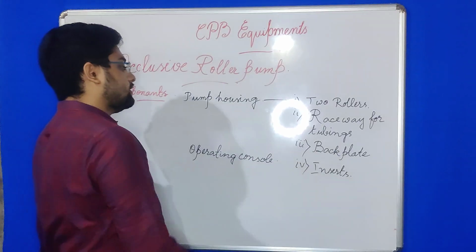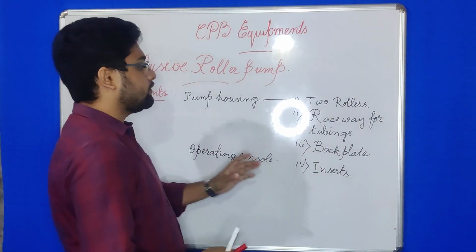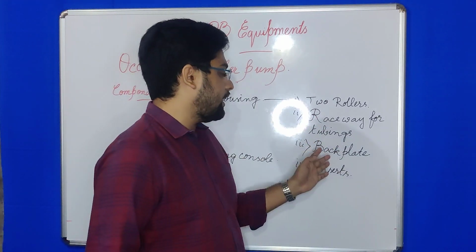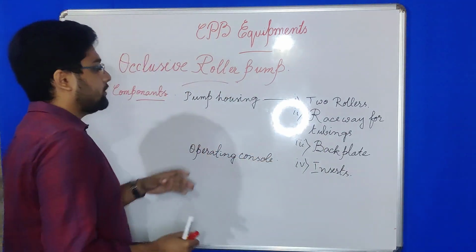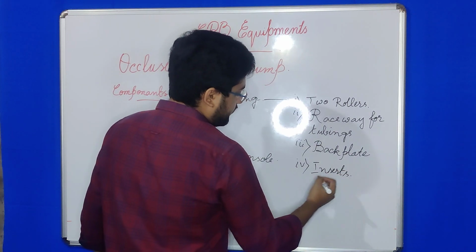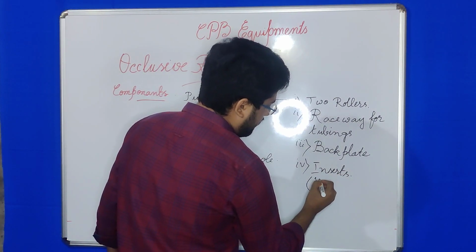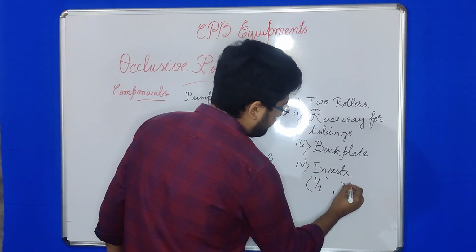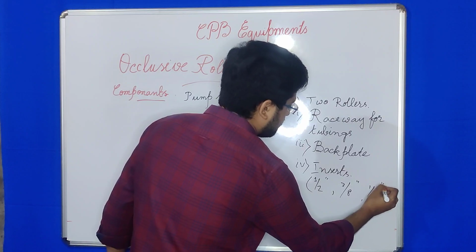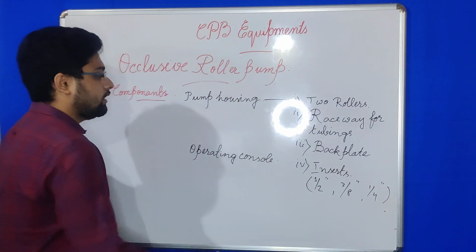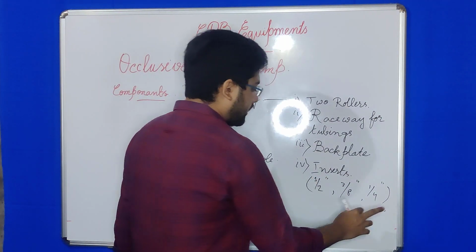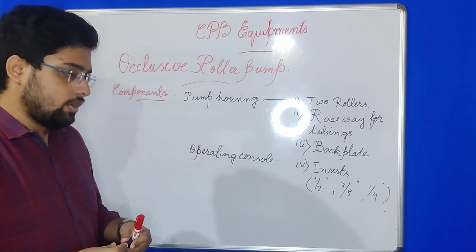Now, inserts are that part from where the tubings enter inside the housing and again exit from the housing. We call them inserts. There are various sizes like half inch, 3/8 or quarter inch, etc. These inserts can be changed according to the tubing size which we will use.